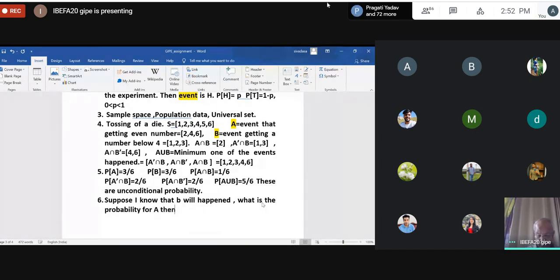Then the notation for this is probability of A given B.